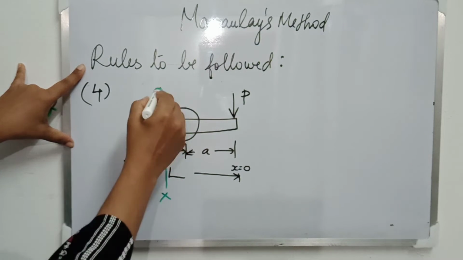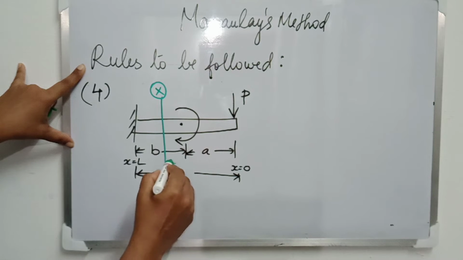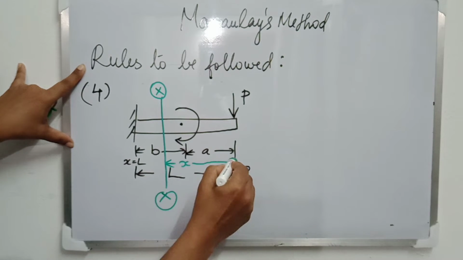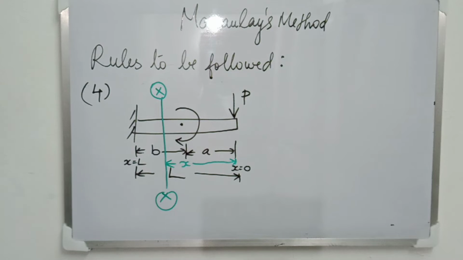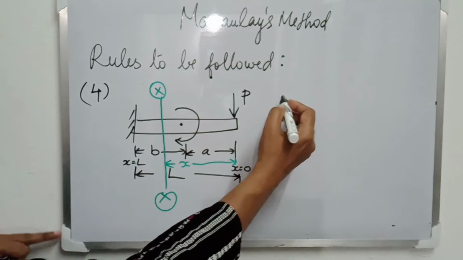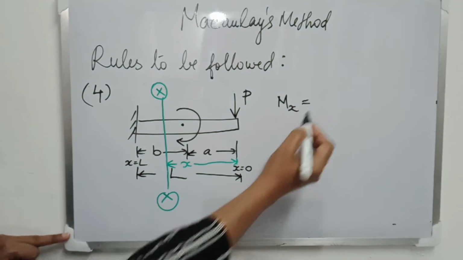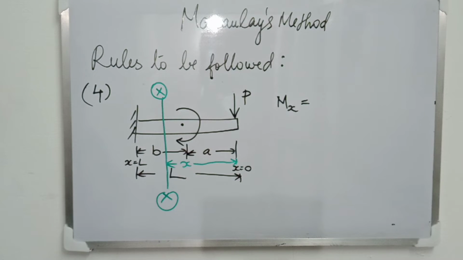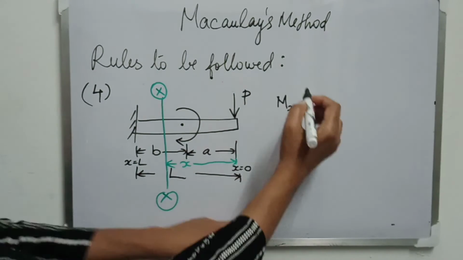Now let me select a section XX at a distance X from the free end. Now let us see how to write the bending moment equation for the selected section. So let us write Mx.